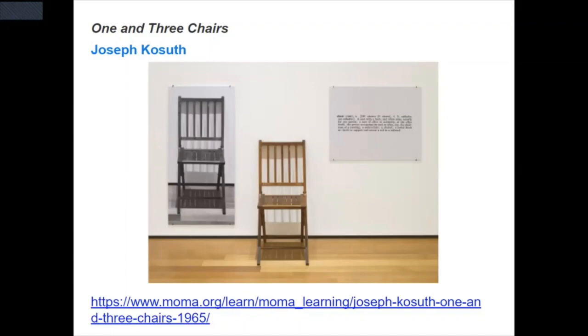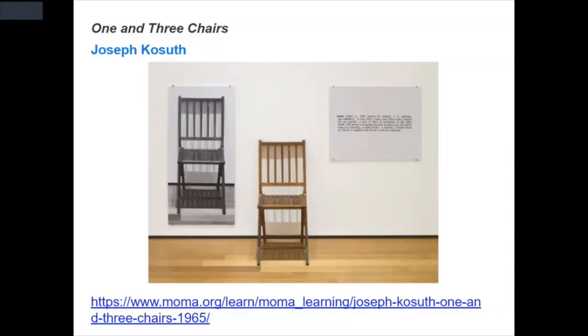So you might ask, well, what makes this art? If that chair was in a restaurant, it would be a chair, but it's not in a restaurant. It's in a museum. So that's one clue as to what makes something art.